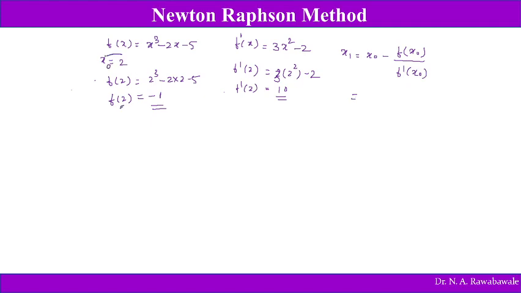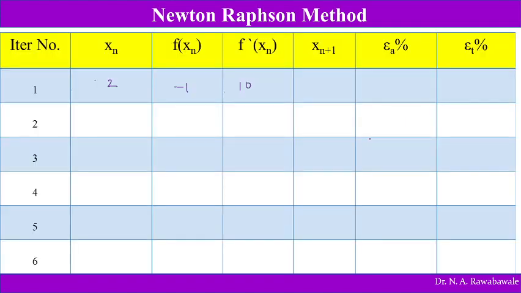We assumed x0 as 2. So we write 2 minus (minus 1) divided by 10. So this works out to be 2.1. 2.1 is the new approximation. So new approximation we can substitute here as 2.1.